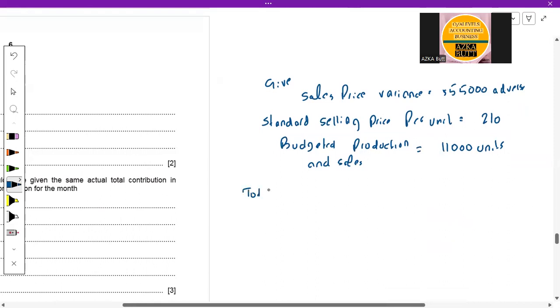Total difference in selling price is equal to 11,000 multiplied by standard selling price minus actual selling price.